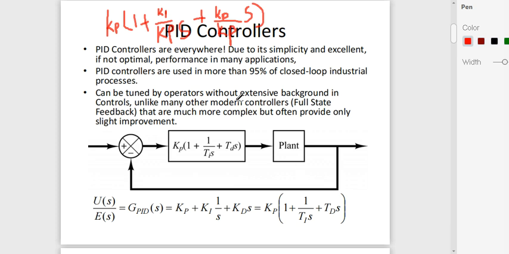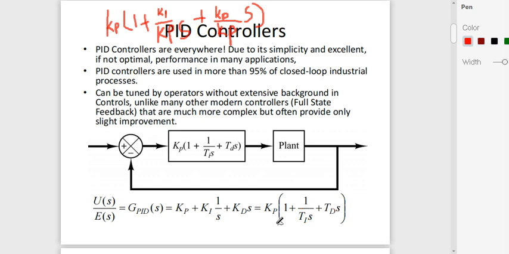Here we are rewriting Ki by Kp as 1 by Ti and Kd by Kp as Td. This is another form of representation of the transfer function.